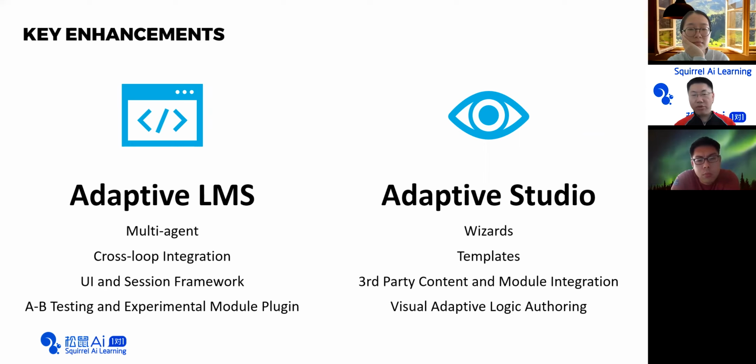On the Adaptive Studio side, we emphasize making things easier. So we have a whole bunch of wizards, templates, and third-party content and module integration. And also, one key thing is that we want to do what-you-see-is-what-you-get visual adaptive logic authoring in an environment such as Calypso.